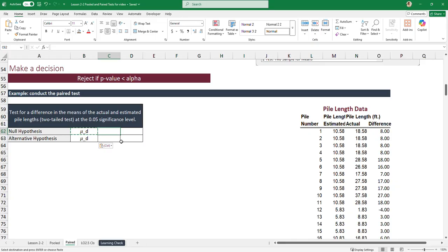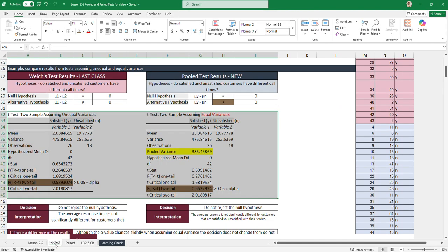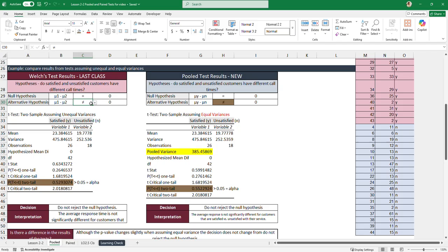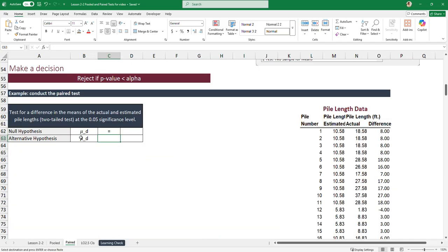Then for the direction of the test, this one says we want to just see if there's a difference in the actual and estimated pile lengths. Just looking for a difference means we want to do the not equal to test. So I don't have to find that symbol again, I'm just going to copy and paste it from my previous sheet. There we go. And we're going to just test against the value of 0.